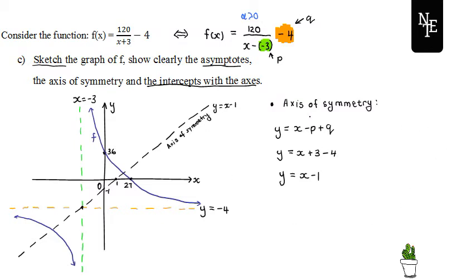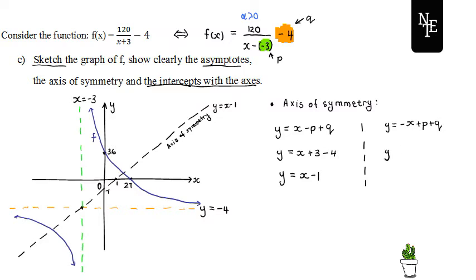Okay, so now let's find the axis of symmetry that has the negative gradient. We've already determined the one that has the positive gradient. And that's going to be given by the equation y equals negative x plus p plus q, right?